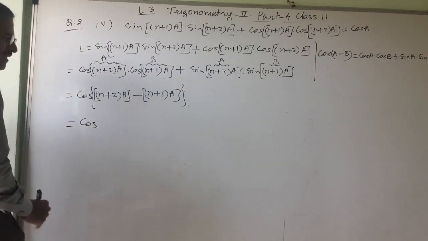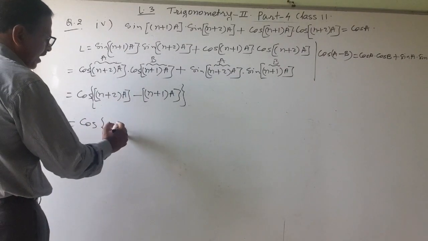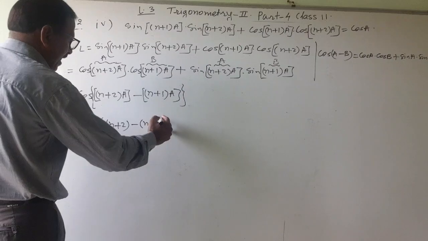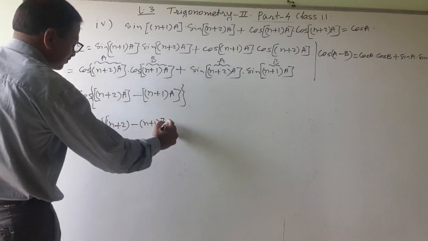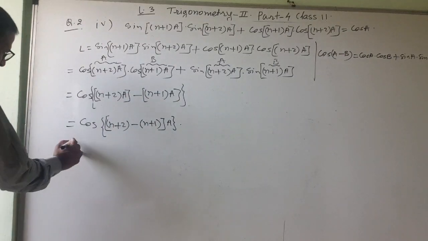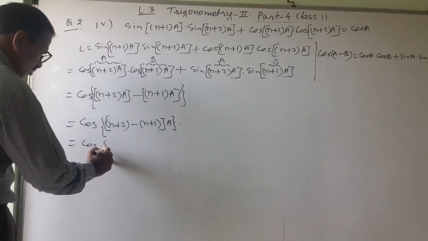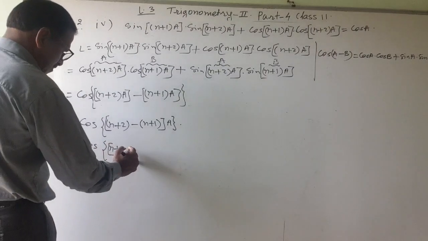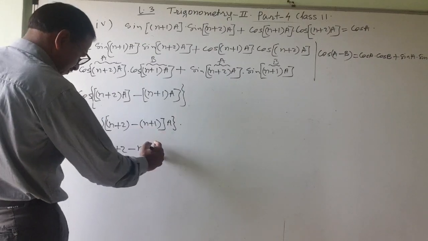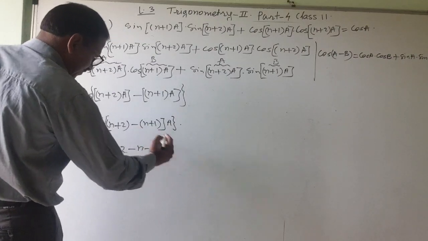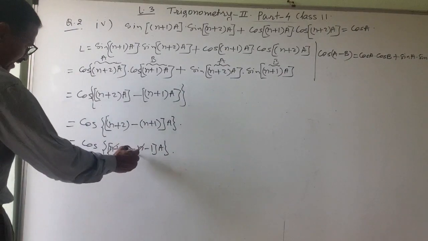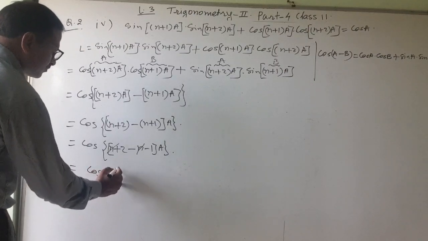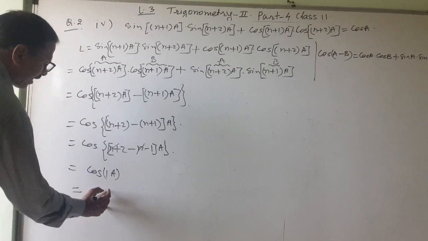So cos of, here what will remain? (n plus 2) minus (n plus 1), and a is taken common. That is equal to cos of, now open these brackets, (n plus 2 minus n minus 1) and a as it is. That is equal to, n cut, 2 minus 1 is 1. So cos of 1a, that is nothing but cos of a.